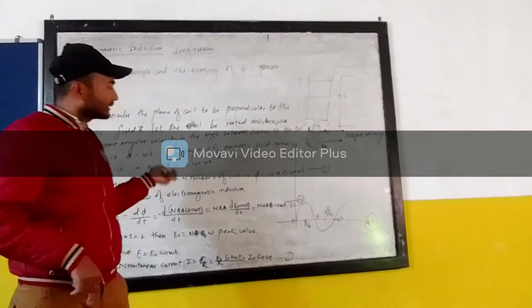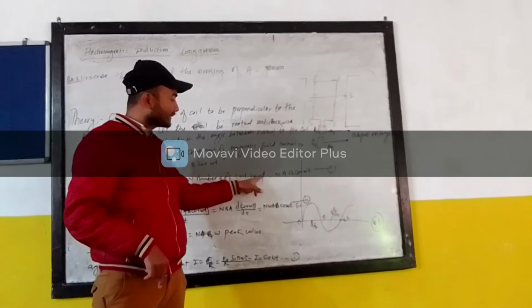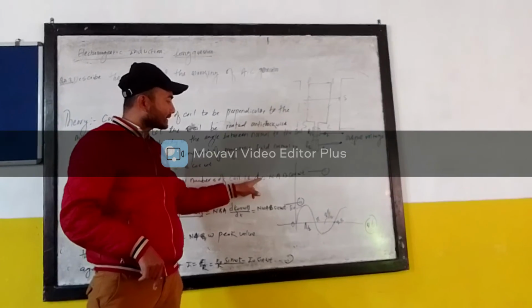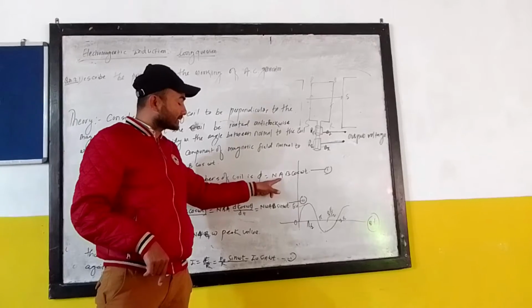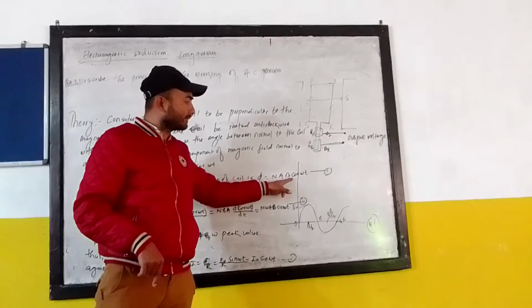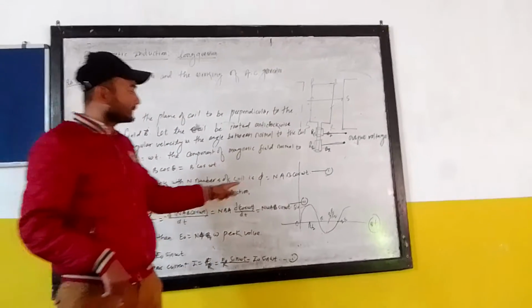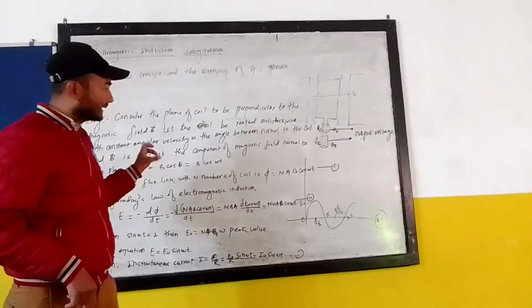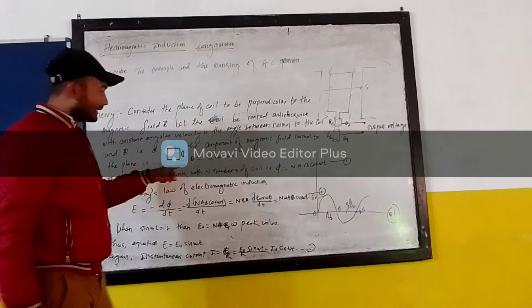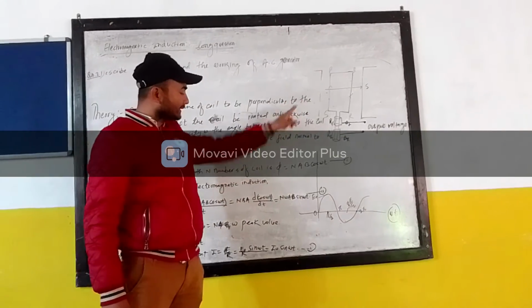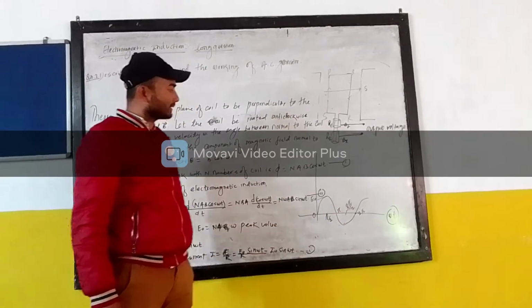We had already studied this in the previous chapter, because the magnetic flux is always directly proportional to the number of turns, directly proportional to the area, and directly proportional to the magnetic field. Now I have written the same, whatever the magnetic flux is, phi equal to NAB cos omega t.